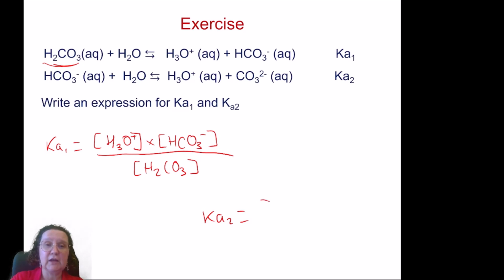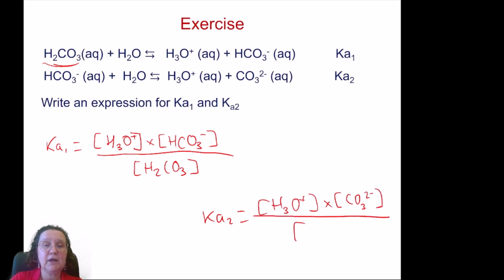In this case, again, the hydrogen ion, and the carbonate ion, and again the square brackets mean concentrations, divided by the concentration of the acid, and the acid is my bicarbonate, hydrogen carbonate, if you prefer to use the proper IUPAC name, anion. So that would be the expressions for the acidity constants for the first and second ionization of carbonic acid.